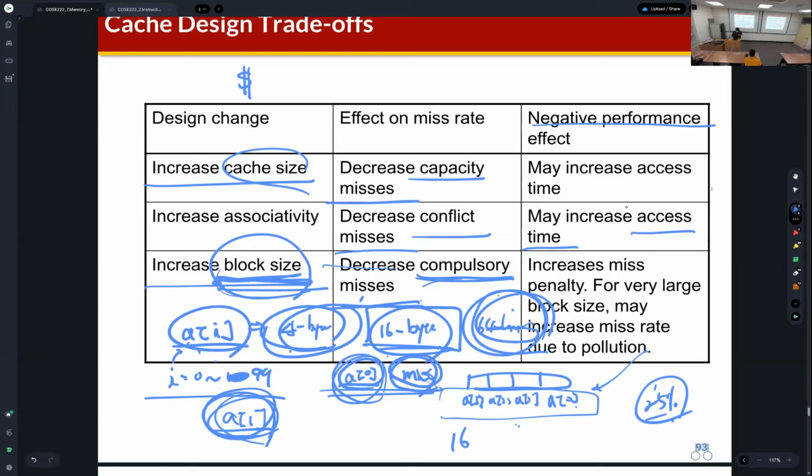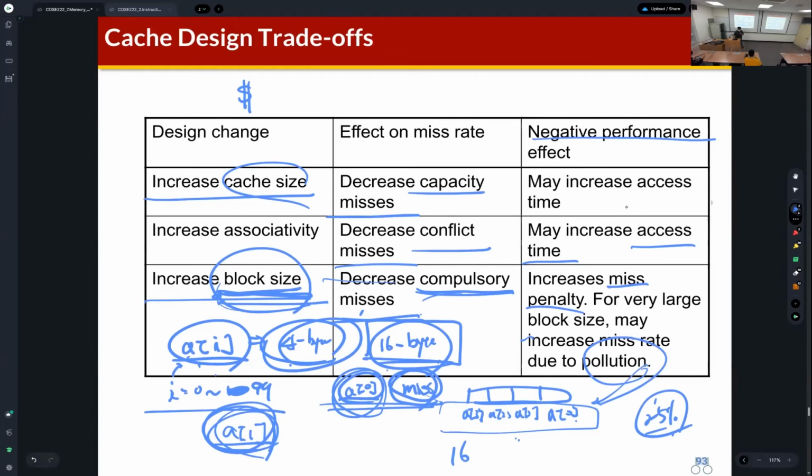But if we increase the block size, the miss penalty can also increase because more data should be provided from the lower level cache or main memory. Also, the cache can be polluted. If we increase the block size, this cache will have a smaller number of sets.